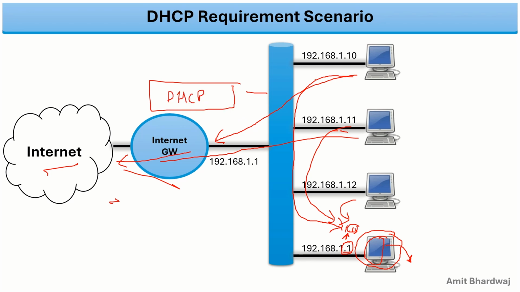DHCP makes sure that the IP assignment to these clients is dynamic and that they don't have overlapping IP addresses. It makes a database which assigns IPs to the respective systems as per their identifiers and makes sure that there is no overlapping and they have unique IPs. Not only that, it reserves the IP for the internet gateway, which is 192.168.1.1, in its database, so that 1.1 is not assigned to any other system which is a dynamic DHCP client.